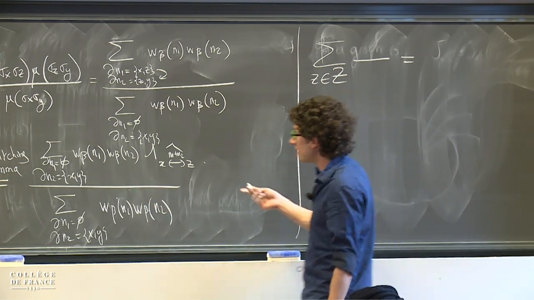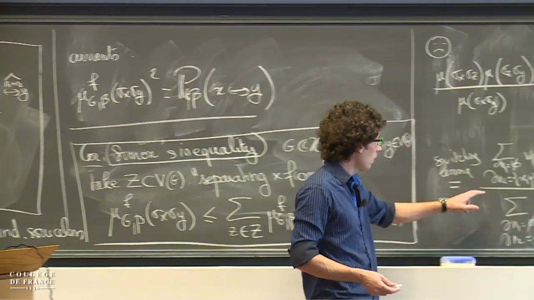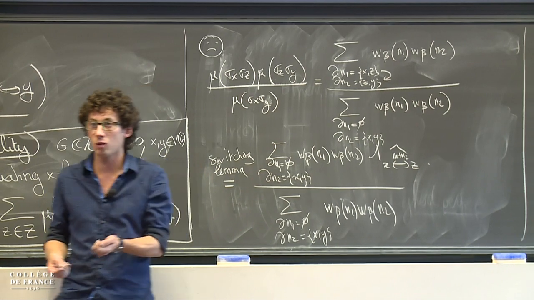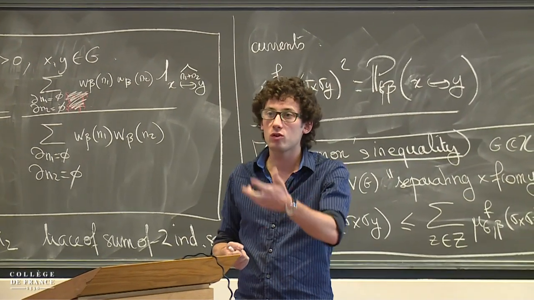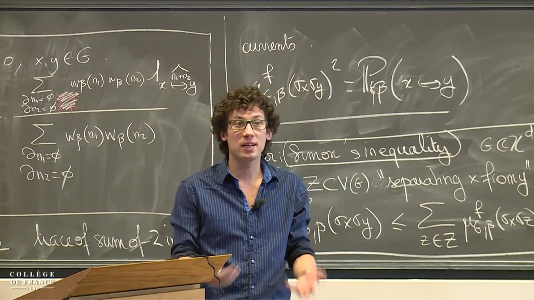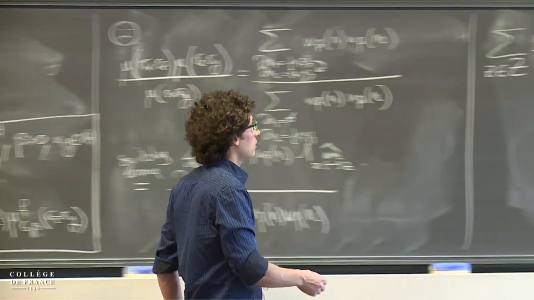But now, since Z is separating x and y, and since for n2 I have a source at x and a source at y, there must be a path from x to y. This path has to go through one of the points in Z, so this expected number is larger or equal to 1. So this is expected.